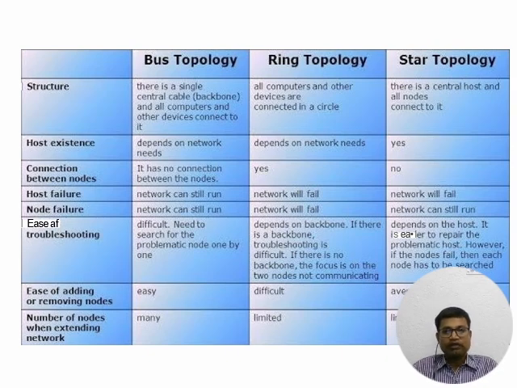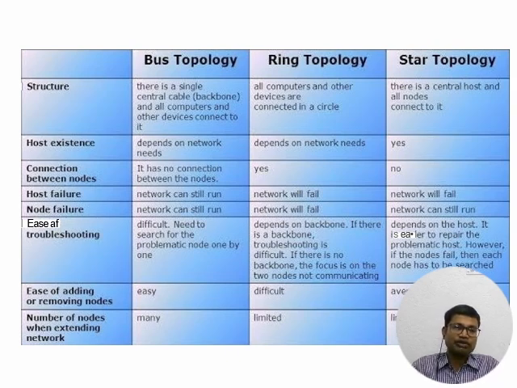So here you can see there is a summary of each and every topology. The few parameters on the left hand side are structure, host existence, connection between nodes, host failure, node failure and troubleshooting, ease of adding or removing nodes, and number of nodes when extending the network.